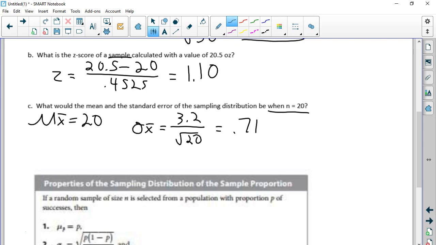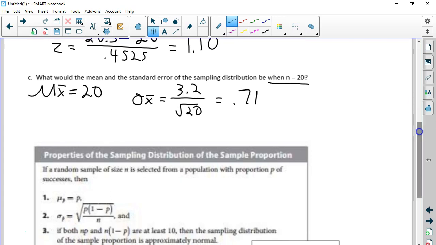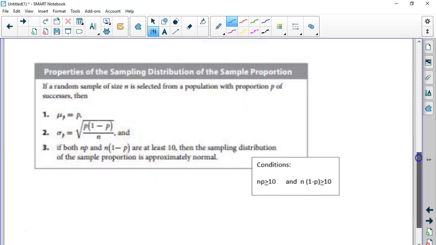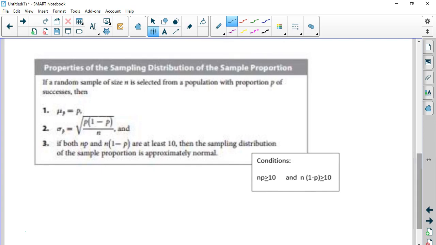Now, if in the problem they tell you this is a normal population, it's okay to have a sample size of 20 or 10 or 7. But just be cautious that if you're not told it's normal, this is not as strong of a number because we did not reach that magic number of 30.